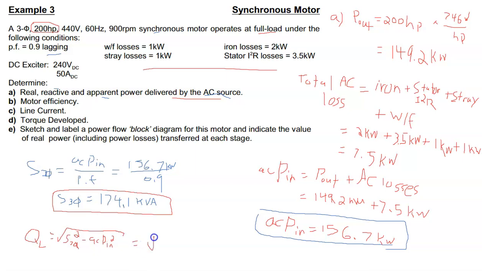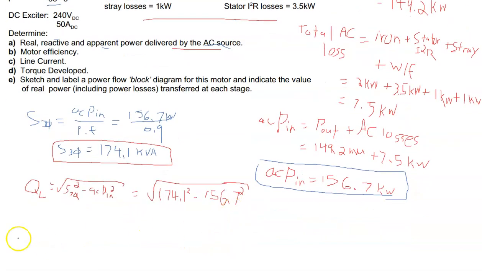When I do this calculation, I usually just put in 174.1 squared, subtract 156.7 squared, and remember that there is a K, which we didn't include, but we need to include it in our unit for Q, of course.